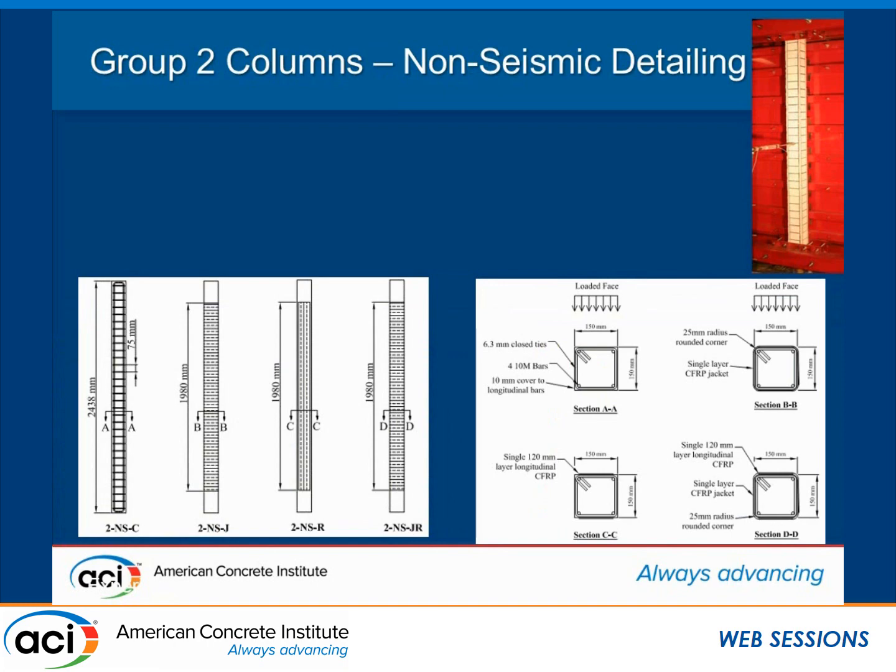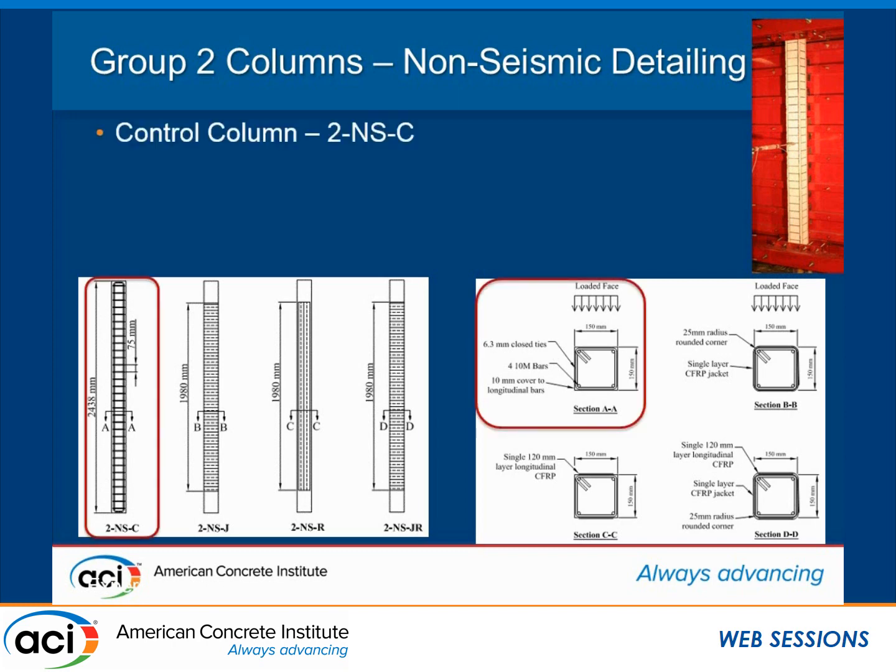Now, what I'll talk about today is a group of two sets of columns. One is a non-seismic detailed set of columns, and the other is seismic detailed. So these are the differences between them. What we're looking at is a control group over here, where all the cross sections are the same on all of these columns, and the difference between the control and the other columns within this group is the presence of FRP.